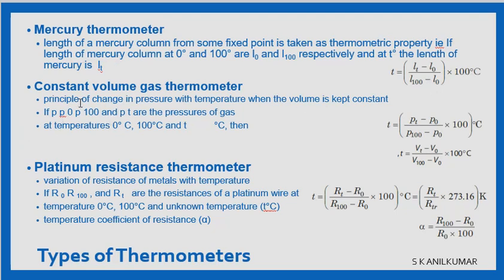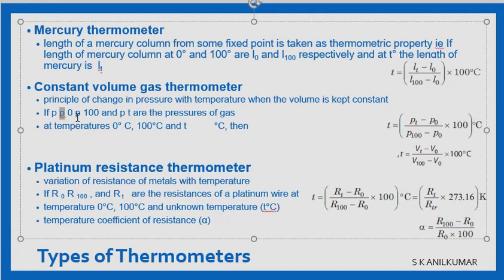The principle used is the change in pressure with temperature when volume is kept constant. The pressure, the temperature, volume is a related entity. So change in pressure with temperature when volume is kept constant is used in the constant volume gas thermometer. P0, P100 and PT are the three measures that we take.